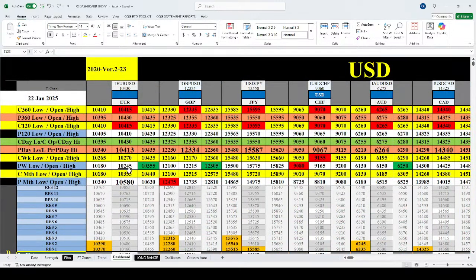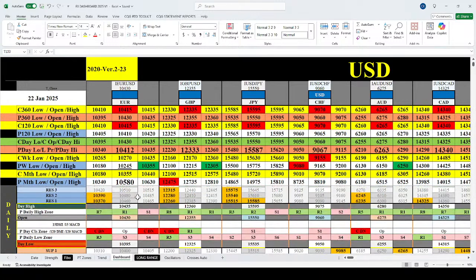Looking at this right now, the market is trading at 104.13, and the high is 104.35, which is also the previous day high, and the low is 103.95. So we should be looking to buy and hold somewhere slightly above 103.40.